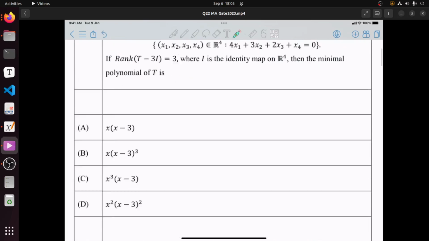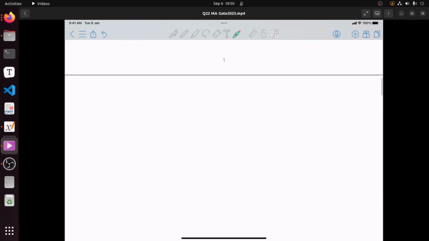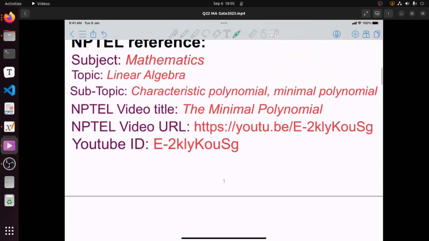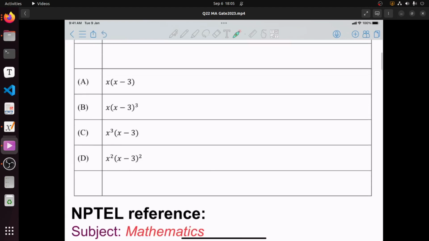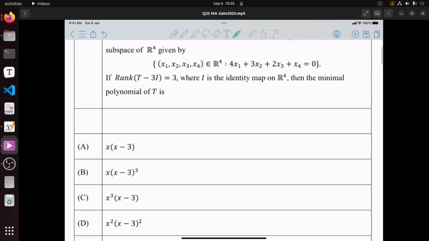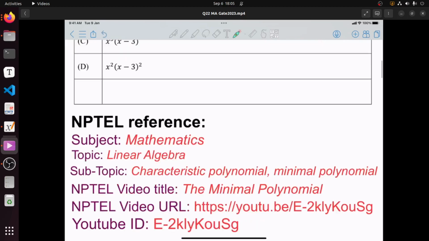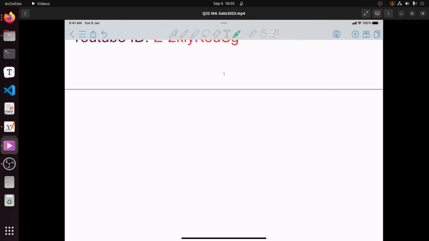Okay, so let's solve. Whatever definitions and results are needed in solving the question, I will write them whenever they are needed. So let me denote this as the null space of T. What is this?